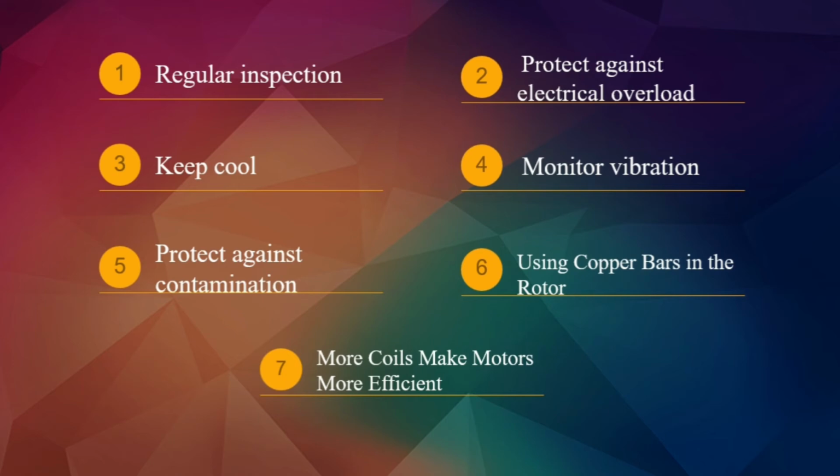The second method is protect against electrical overload. Electrical overload or overcurrent occurs when the current that the motor is designed to carry efficiently and safely is exceeded. The most common cause of this is a low voltage supply, which causes the motor to draw in extra current in an attempt to maintain torque.